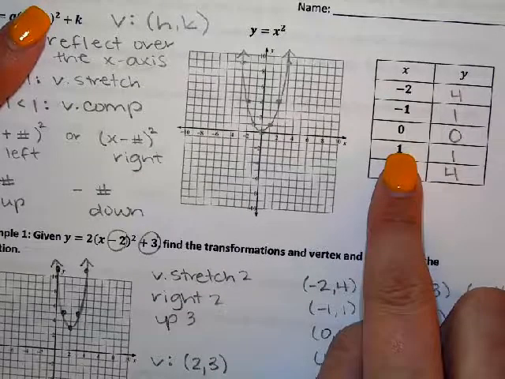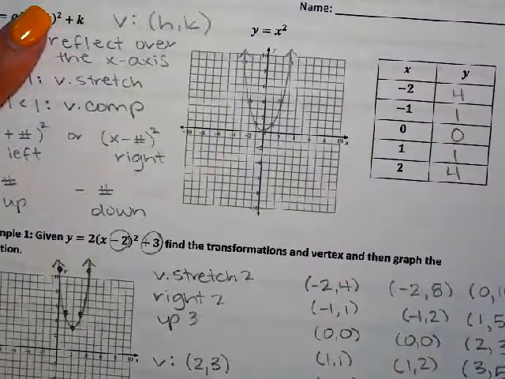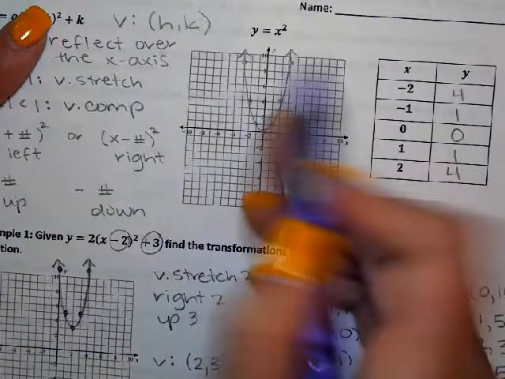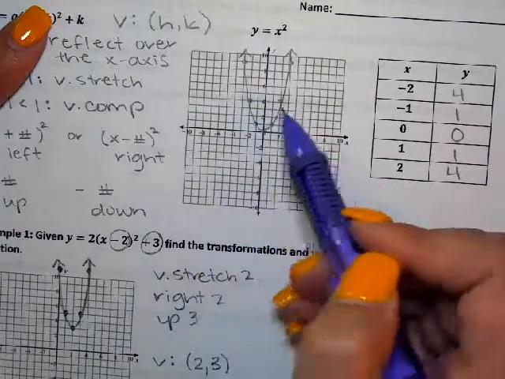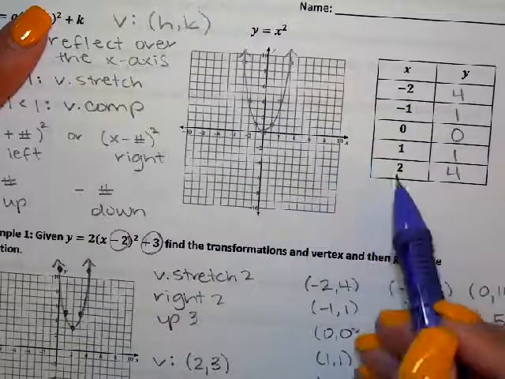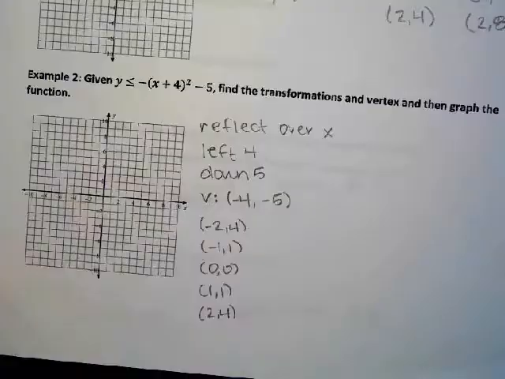That's all you got to do. Odds are, if you do them a bunch, you'll have them memorized. But if you forget them, just go back to the graph without any transformations and plug in x coordinates from -2 to 2, and that will give you the points. Okay? All right, so we have the basic points.